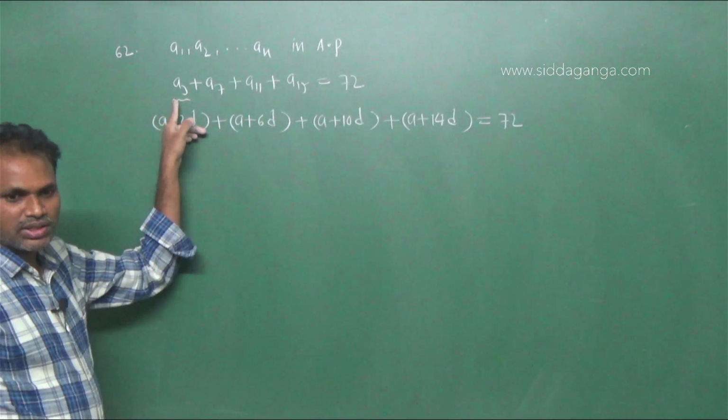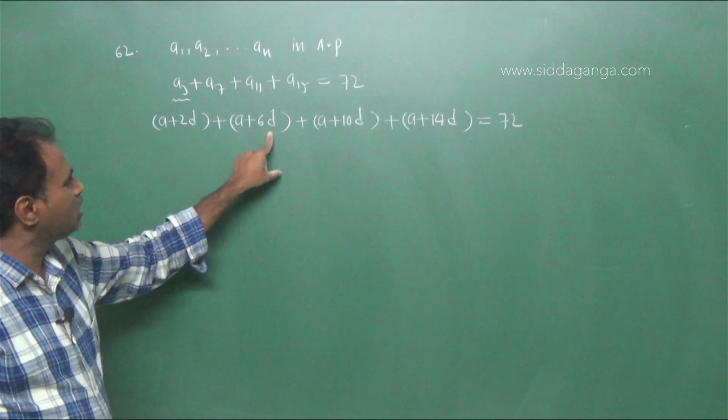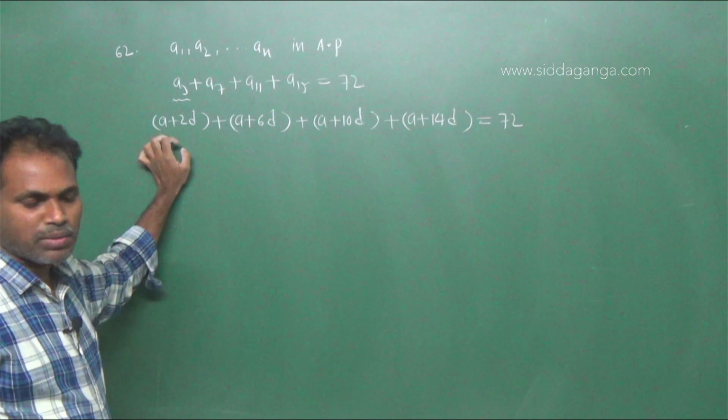The nth term in an arithmetic progression is a plus (n minus 1) into d.